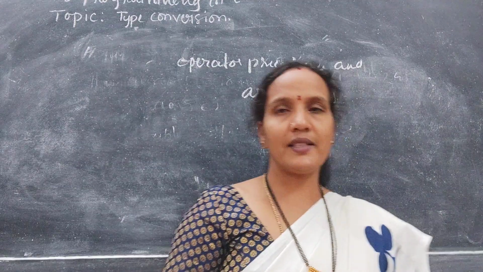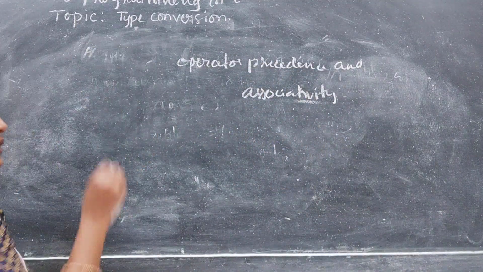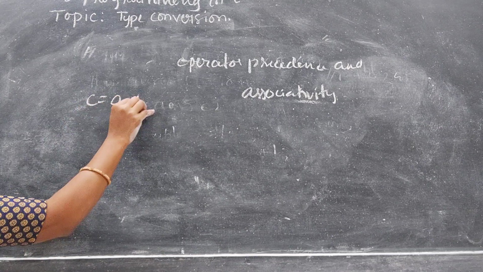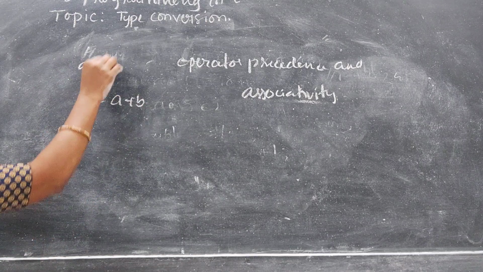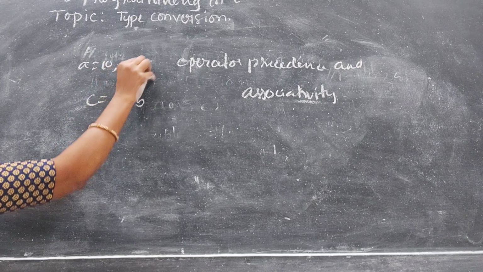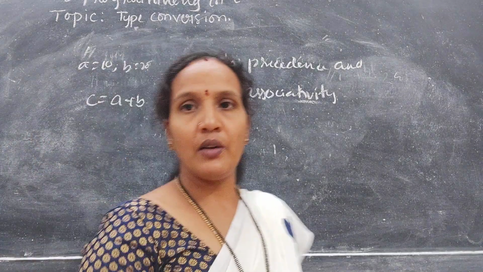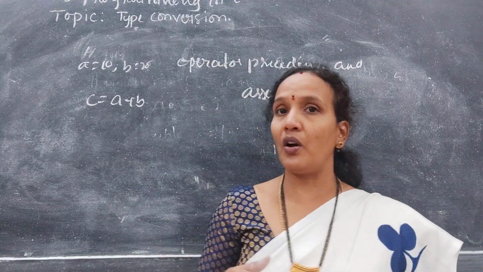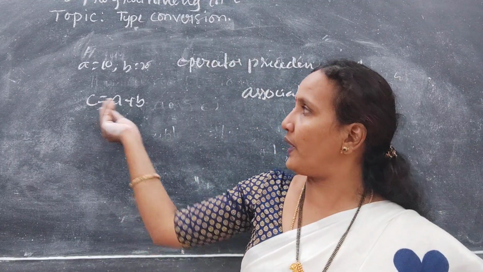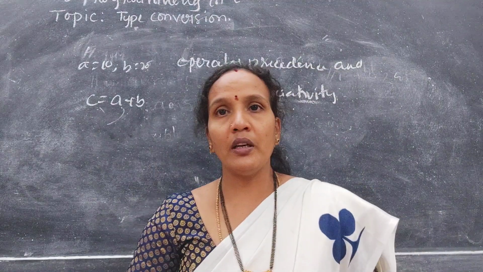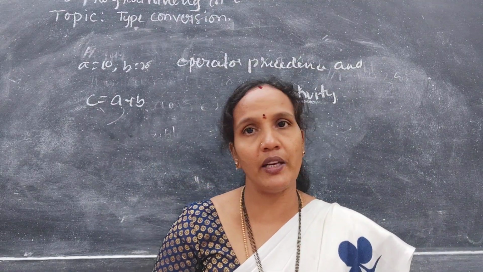Okay, see the example. Here you see c equals a plus b is given. The a value is 10, the b value is 20. Then how is this expression evaluated? First of all, you tell me how many operands you have. 3 operands you have, 2 operators you have. Okay. And how is this expression evaluated?